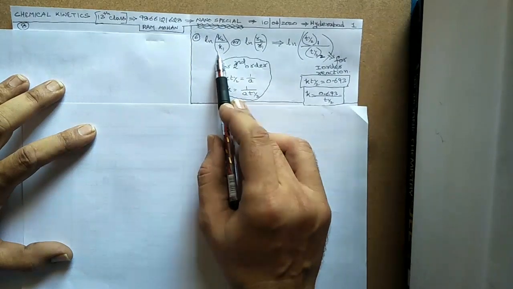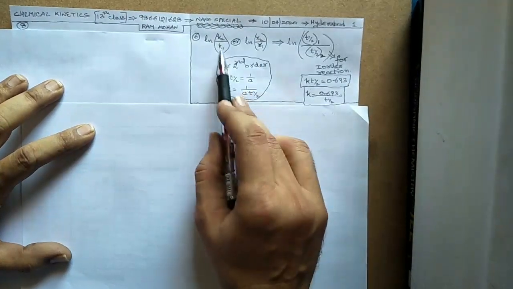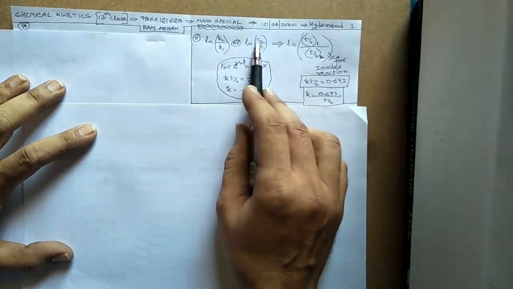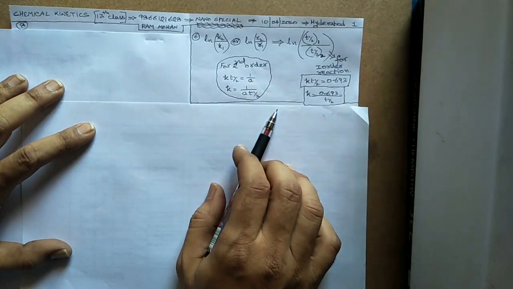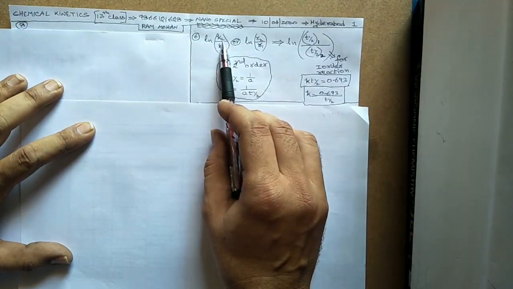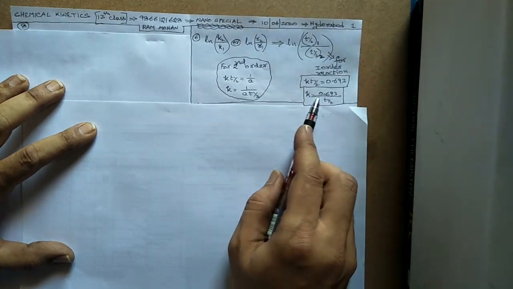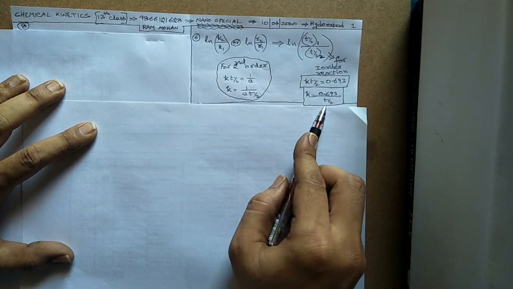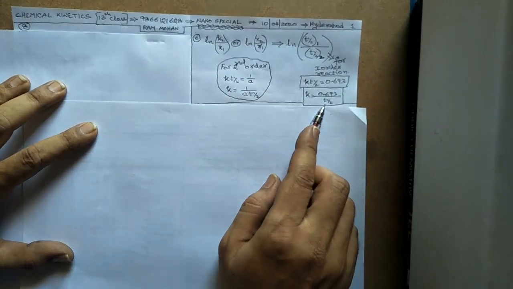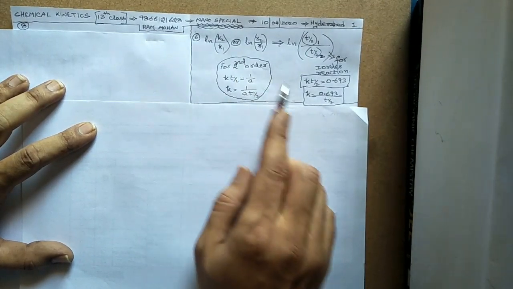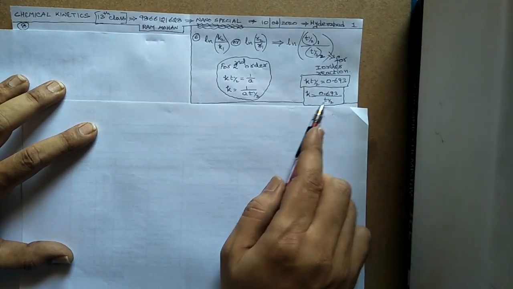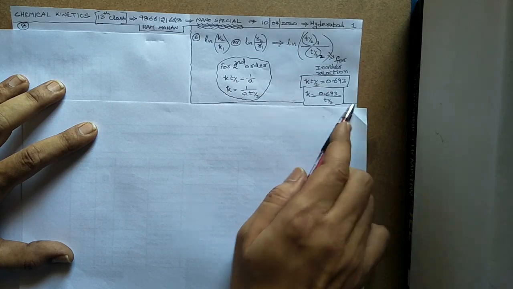So K2 by K1 is nothing but R2 by R1. It can also be taken as R2 by R1. This can also be taken as, if it is a first order, K2 is 0.693 by T half 2 at a temperature T2. K1 is equal to 0.693 by T half 1 at a temperature T1.